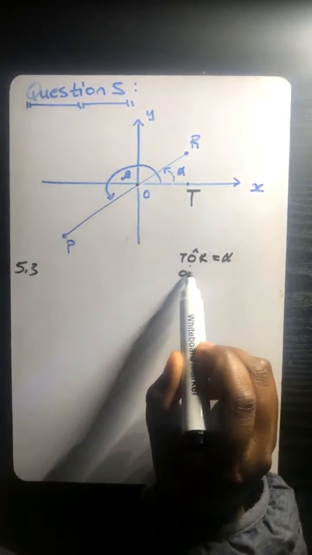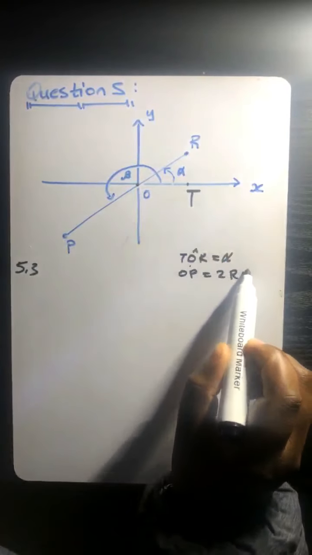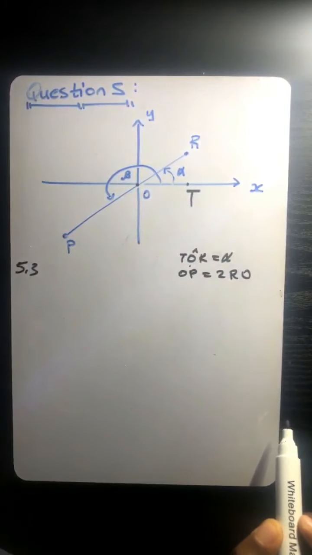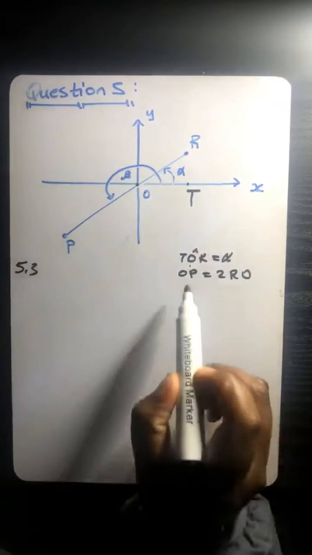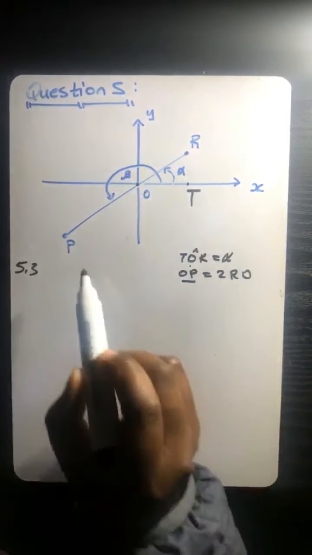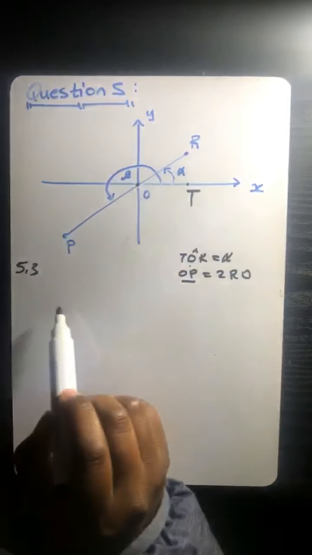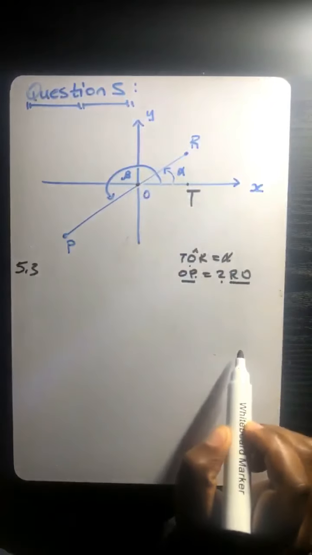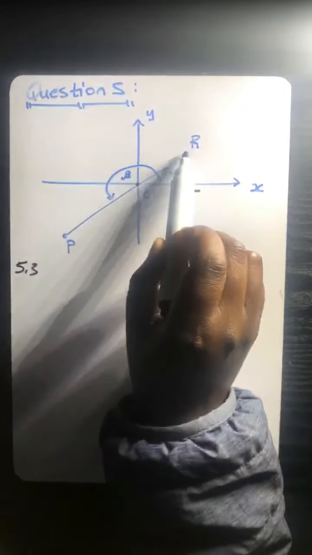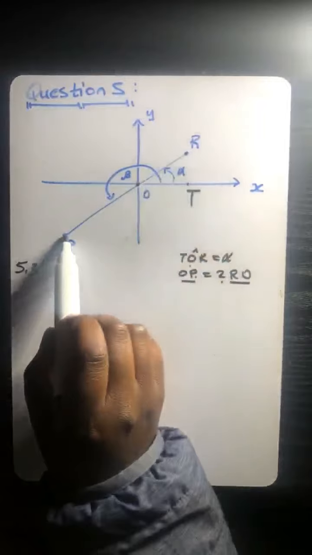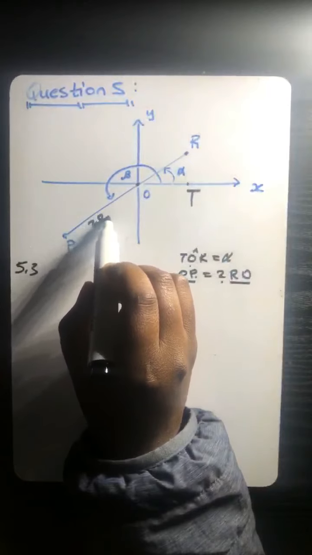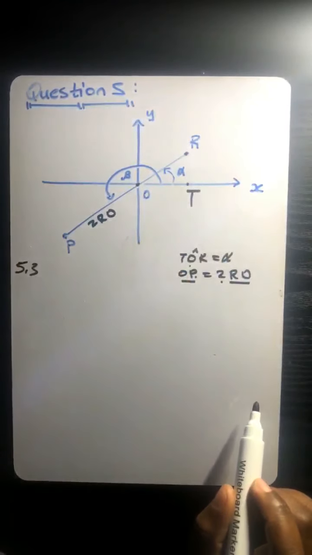Very important: you need to be able to interpret the given information. In capital letters, OP is the length from point O to point P. Here they are saying OP is 2 times RO or OR. So from there to there is some distance, but from there to there is twice that distance, meaning we have 2 RO in terms of length.